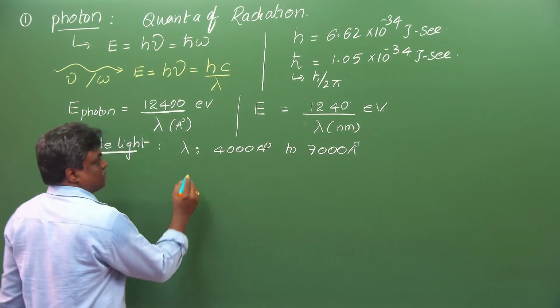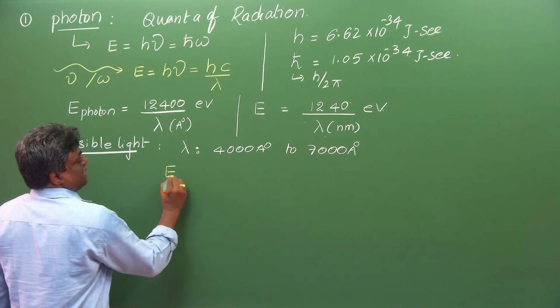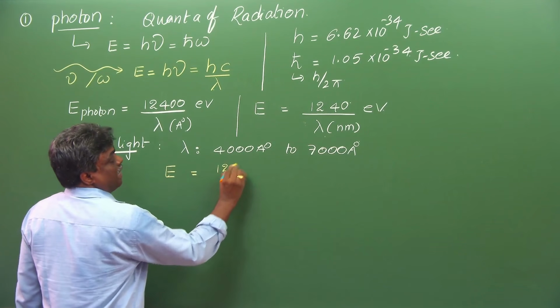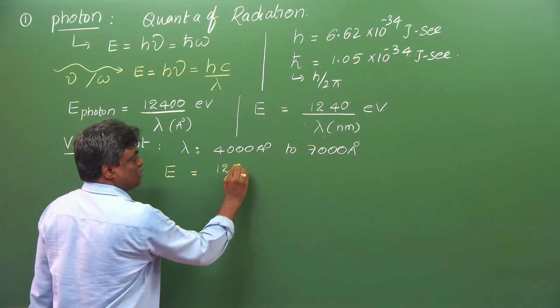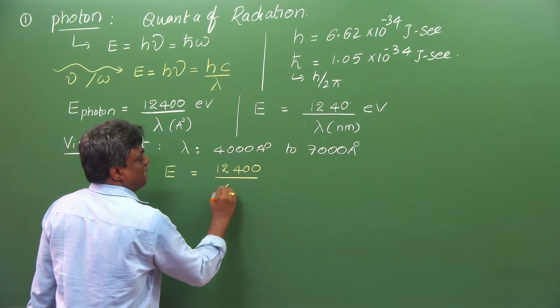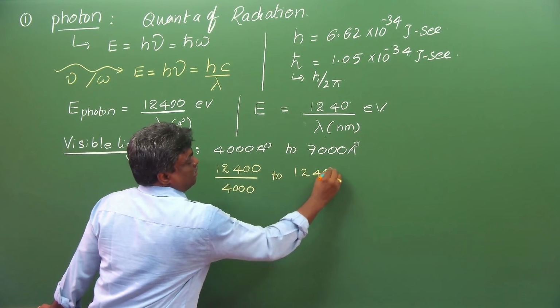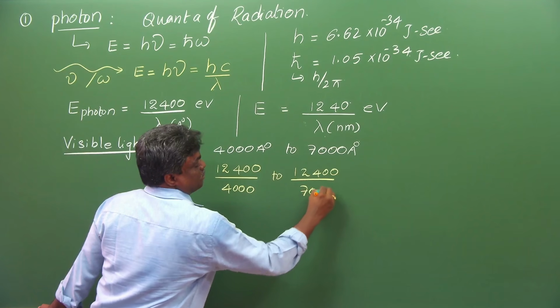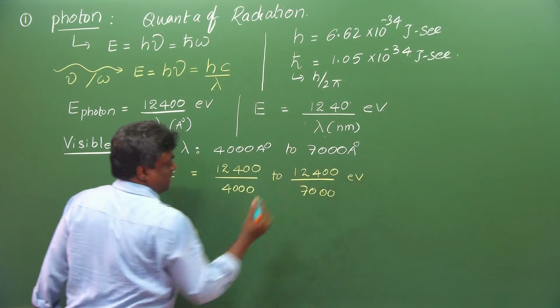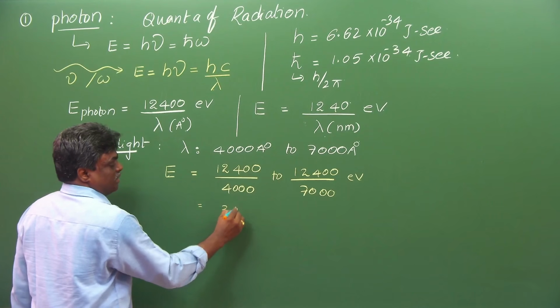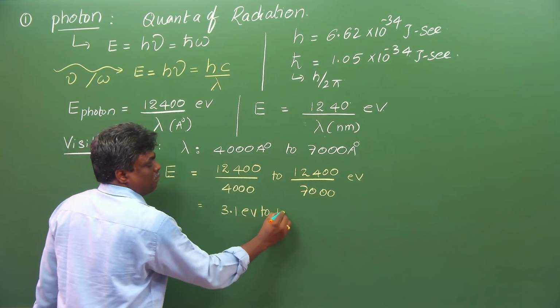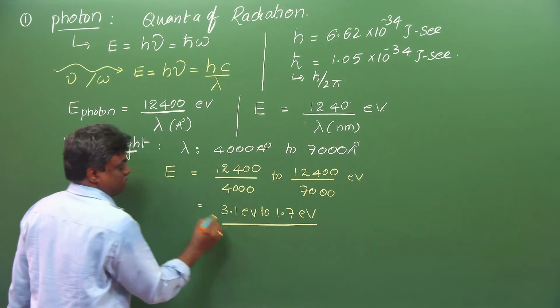So for the energy, since I have given it in angstroms, it is 12,400 by 4,000 to 12,400 by 7,000, in terms of electron volts. This is around 3.1 eV to 1.7 eV.